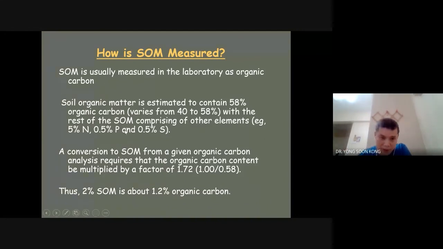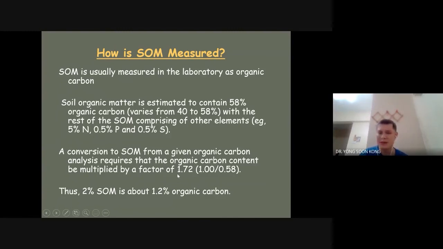And from the previous studies, scientists have determined that the ratio between soil organic matter and soil organic carbon is this. So if you have like 1.72 grams of soil organic matter, 1 gram is the carbon. So that is the ratio that they determine.